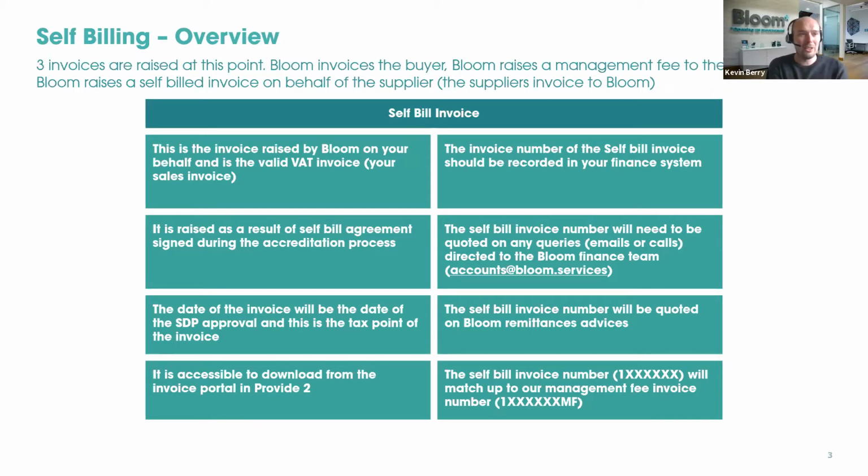And you as suppliers can download that, record that invoice, or record those invoice references in your systems, and that will help us with queries and the timeliness in which we can answer questions about those invoices. And it's also the reference number from the self-bill invoice that HMRC would expect you to quote if they were to audit you or to ask for any information relating to it for any reason.